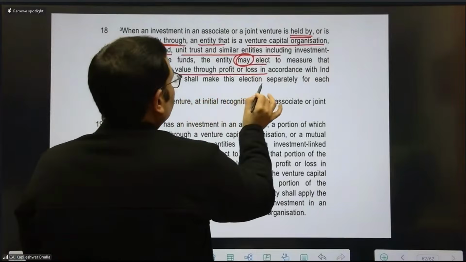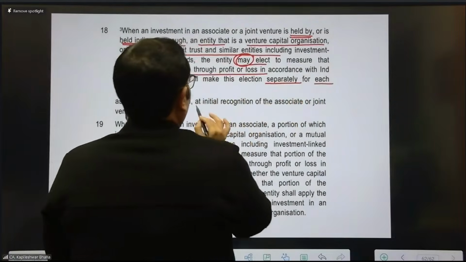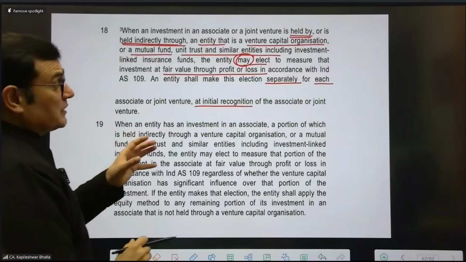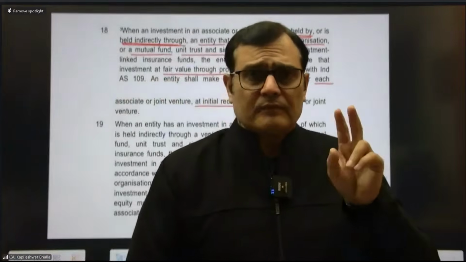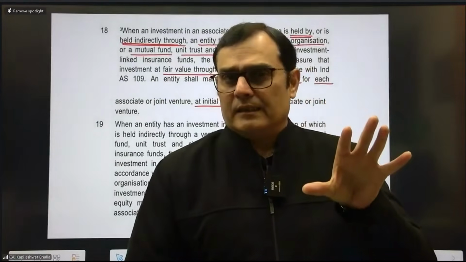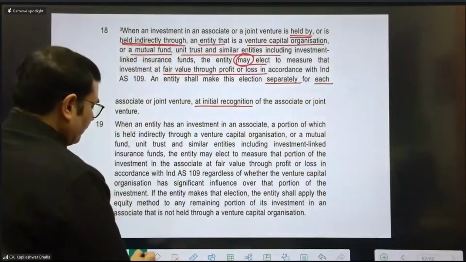An entity shall make this election separately for each associate or JV at initial recognition of the associate or JV. I think let's visualize what para number 18 is telling me. I'll give you two cases. One is a case where it is directly held, and one is a case where it is indirectly held, so we can get a clarity of thought.